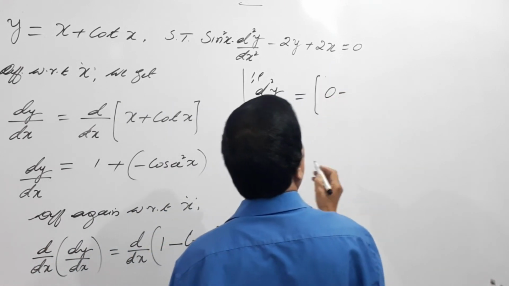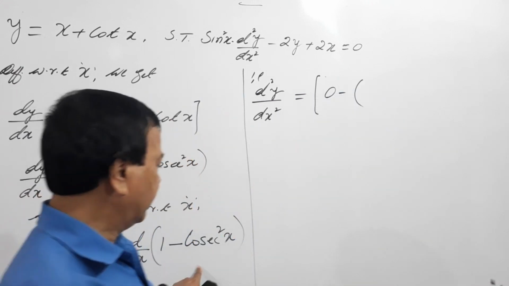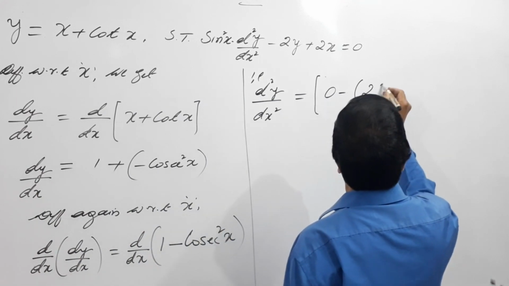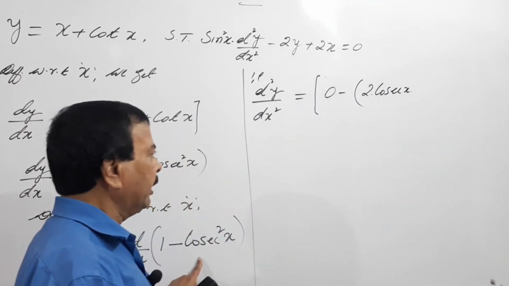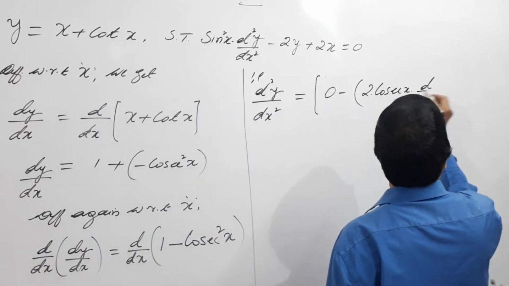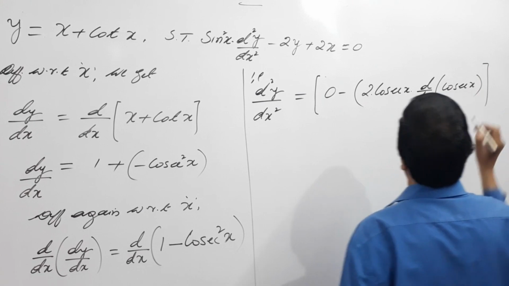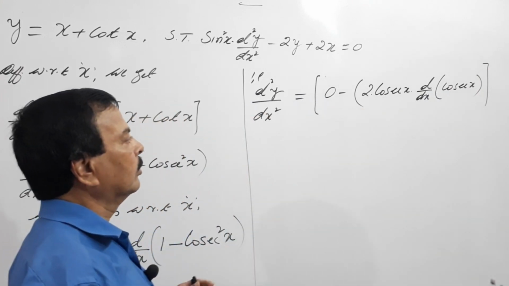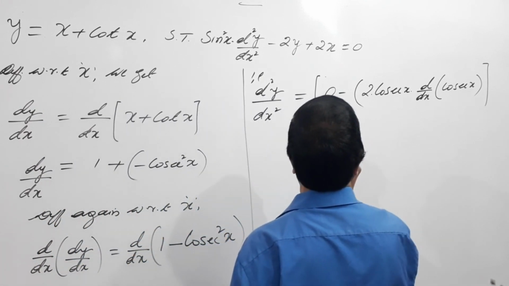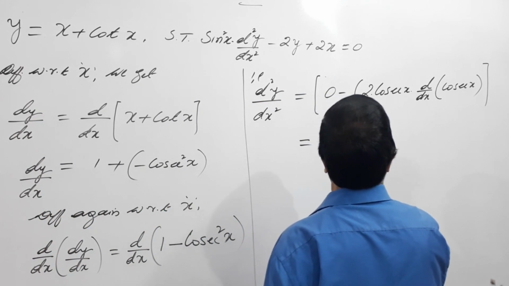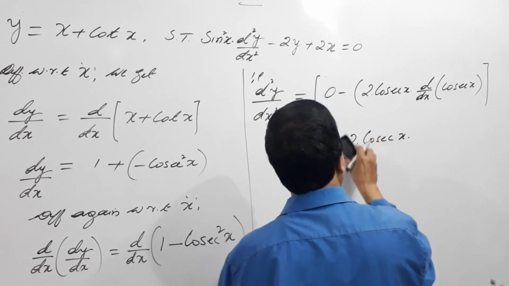I'll use a square bracket. So minus, if we differentiate cosecant square x, what happens here? 2 into cosecant x into d by dx of cosecant x. So this becomes minus 2 into cosecant x, in a square bracket because I require that.